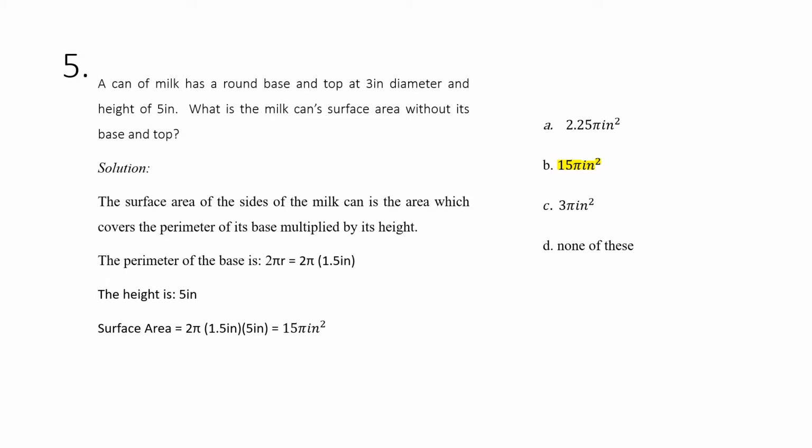And we will have to look for the length of this side, which will correspond to the perimeter of the base, and the perimeter of the base of anything that's circular or round will be 2 pi r. And for this case, it will be 2 pi times 1.5 inches. And given that the height is 5 inches, therefore the surface area will be perimeter times height, or 2 pi times 1.5 inches times 5 inches, and that will give us 15 pi inches squared.